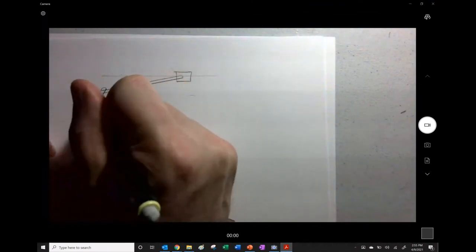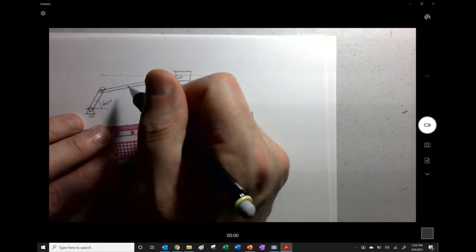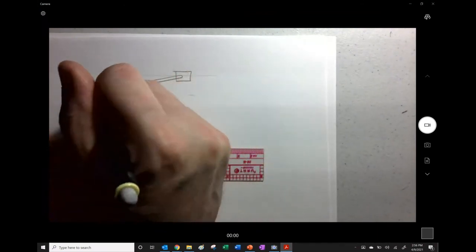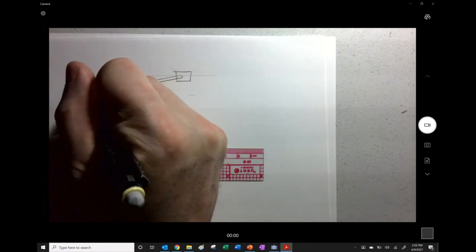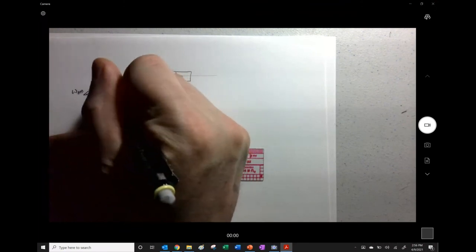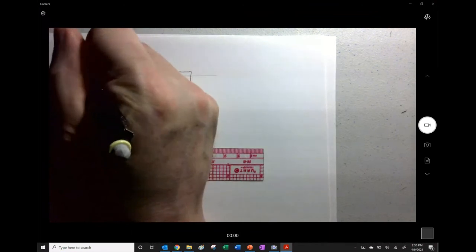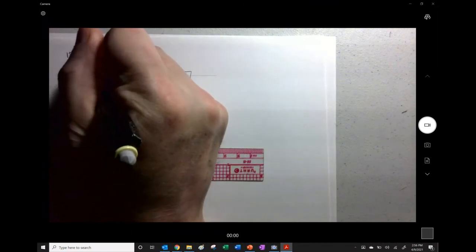So this right here is 60 degrees, and it's going counterclockwise. Omega AB. So this is A, this is B, and this is problem 15125.